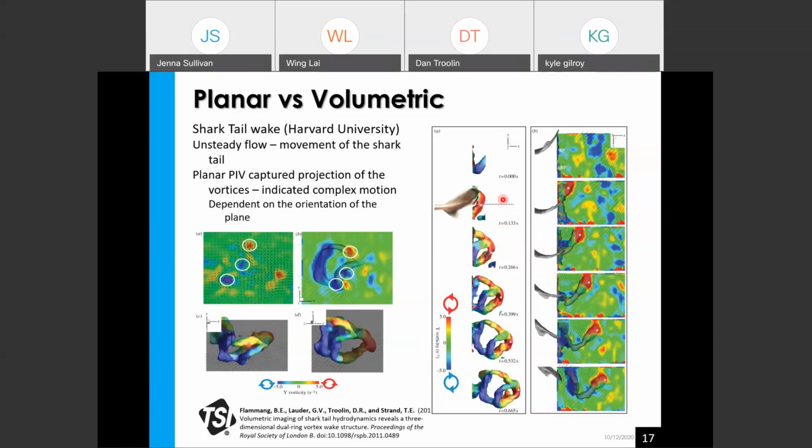Again, in this column, you can see the time going on from time equals 0 to 0.066 seconds, and the evolution of the vortex string generated by the shark in three dimensions. Likewise, using the 2D systems, we can also see some of the evolution, but again, not as good as having the entire structure explored using the volumetric PIV systems.